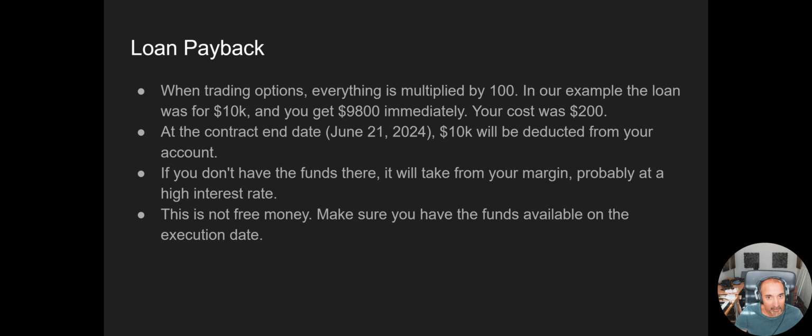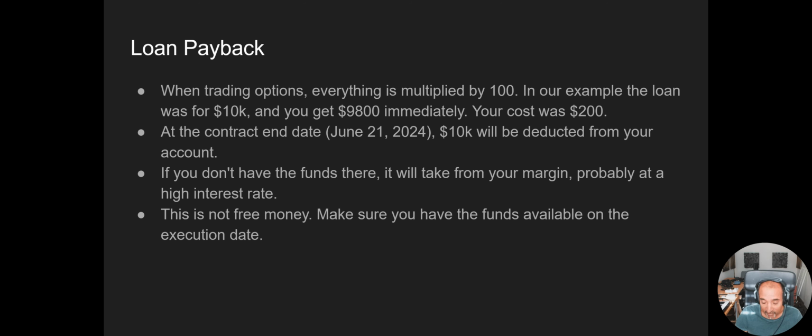So how does the loan get paid back? As I mentioned, when you're trading options, everything is multiplied by 100. So in our example, the loan was for $10,000, and you're getting $9,800 immediately. The cost was $200. And at the contract end date, which in the example was June 21st, 2024, $10,000 will be deducted from your account.